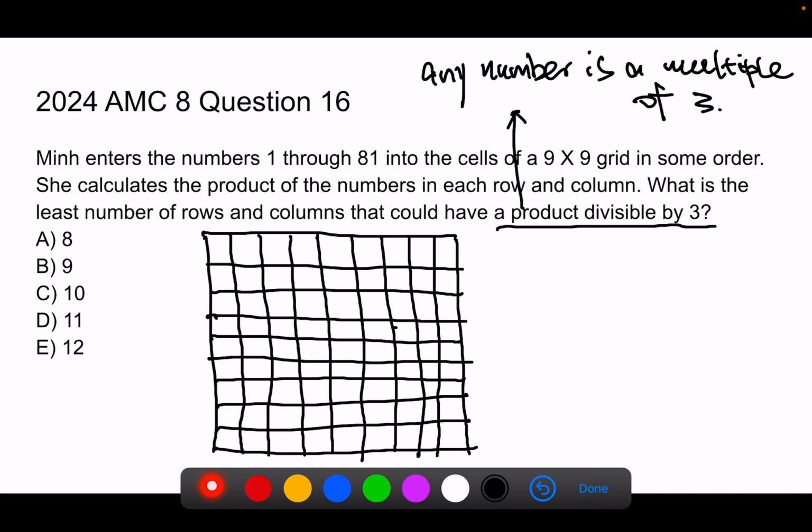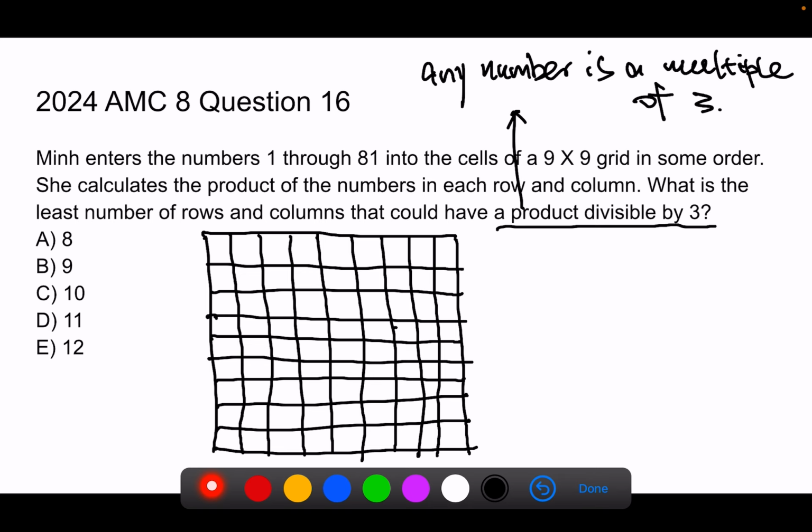Why am I talking about this? Because given that this is a very hard question, you want to simplify it as much as you can. For example, I don't really care that the numbers are from 1 to 81. What this question cares about is whether there is any number in a row or in a column divisible by 3.